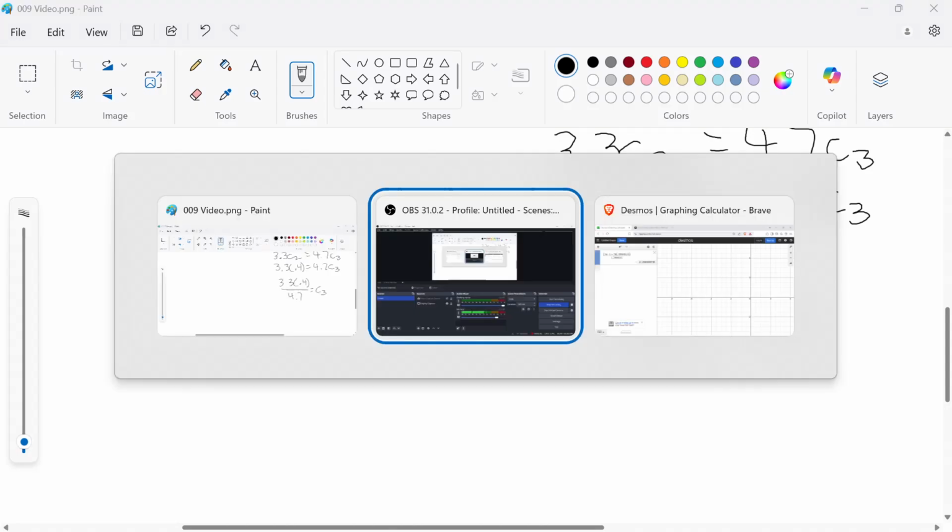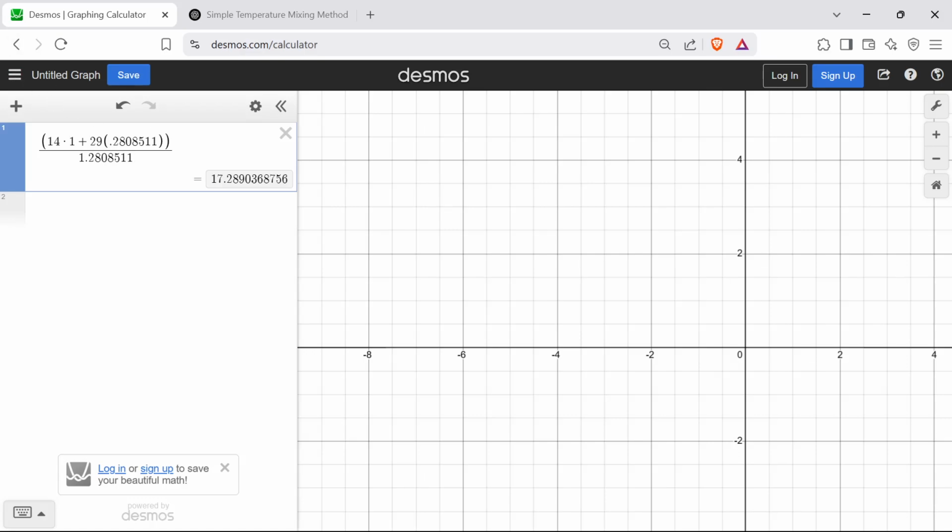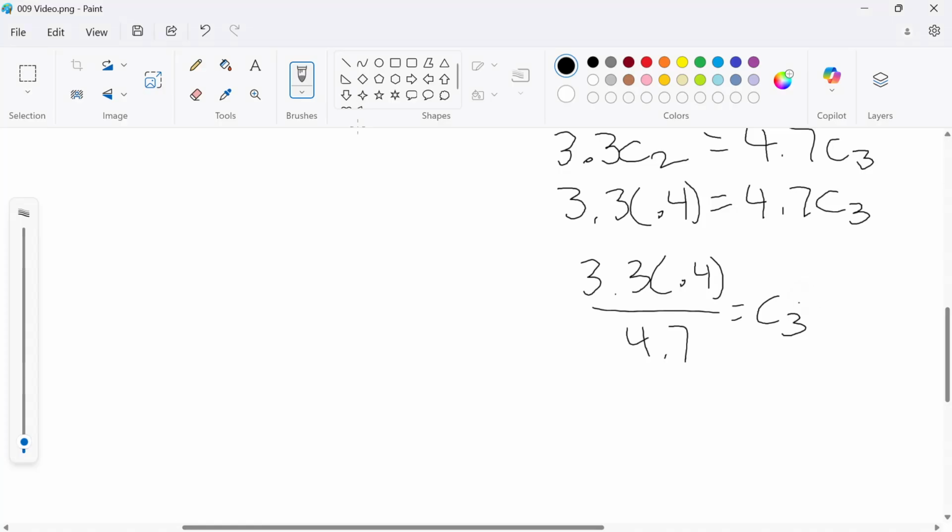Then I can go to Desmos, the beautiful Desmos. 3.3 times 0.4 divided by 4.7 is 0.2808511. I think that's enough digits. And so now I've got C3.